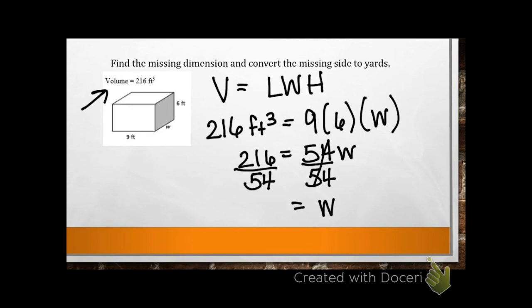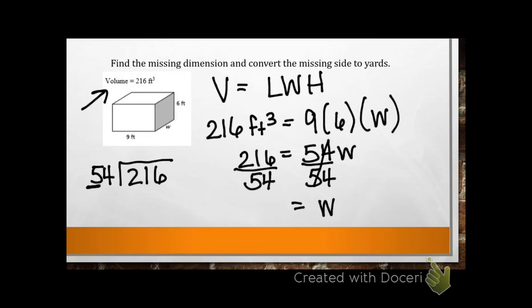Well, then I've got to figure out how many times 54 can go into 216. All right? So you can set that up like a division problem. And what I recommend you do is just find a basic fact.